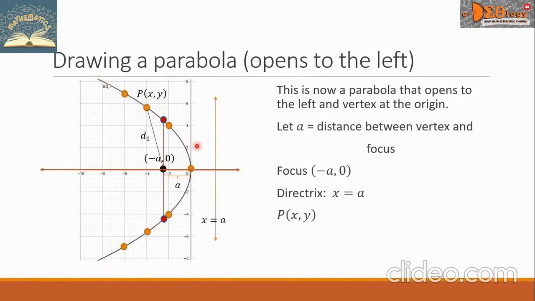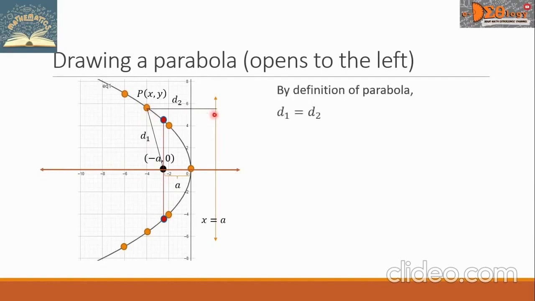We're going to take the distance of this moving point and the fixed point focus. We denote this as d sub 1. Also, we take the distance of this moving point away from the directrix. By definition of parabola, this d sub 1 is equal to d sub 2.